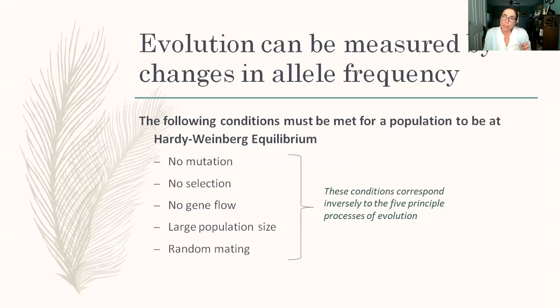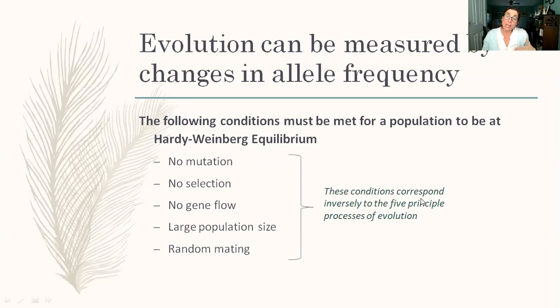So for evolution to not happen, for a population to be what we call at Hardy-Weinberg equilibrium, the following conditions have to be met. There has to be no mutation, no selection, no gene flow, a large population size, and random mating.